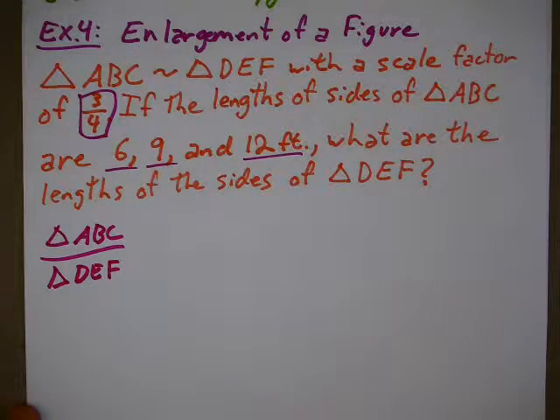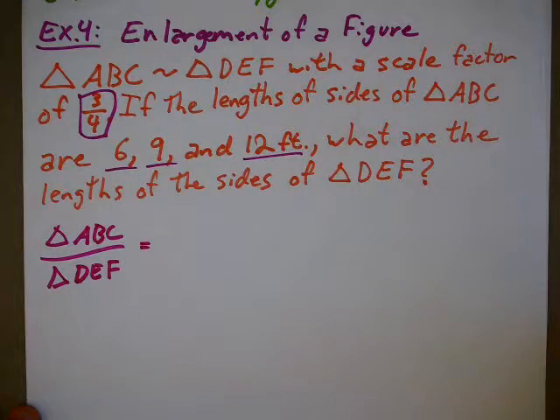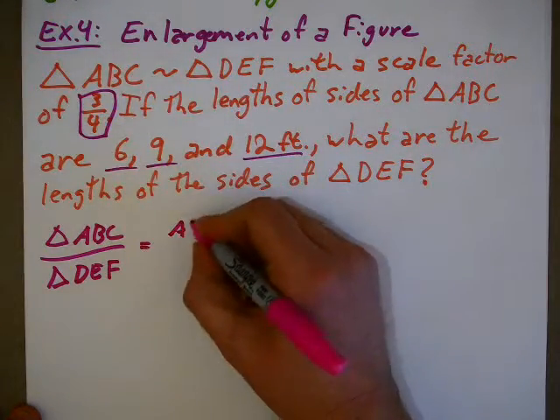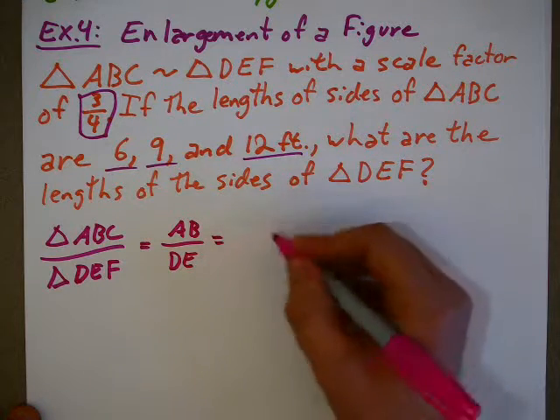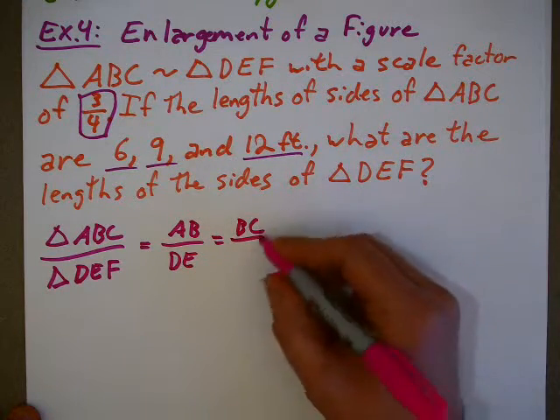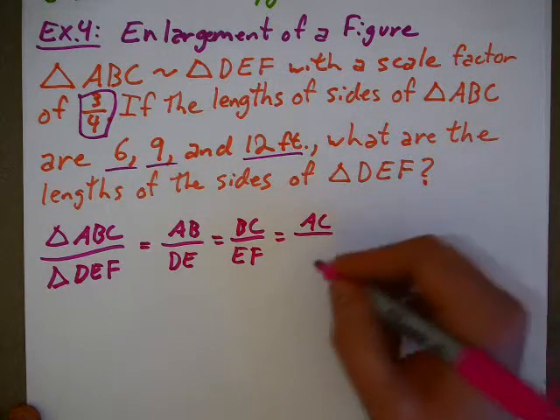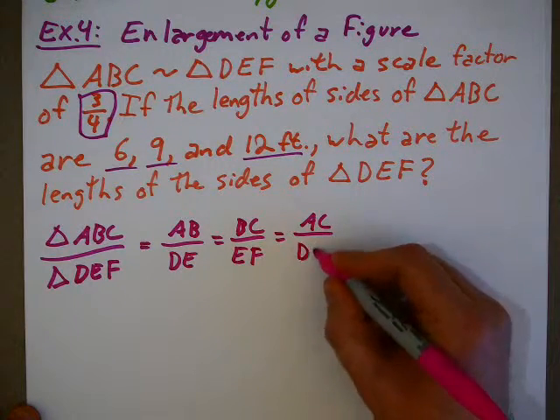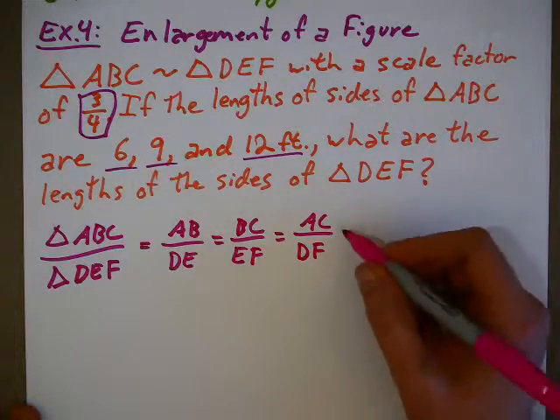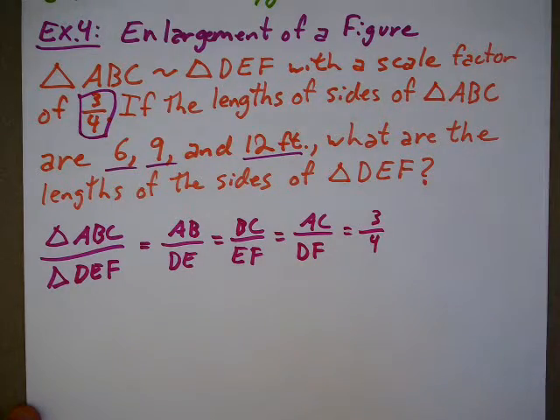And so this proportion is going to be equal to each side, so AB over DE and BC over EF, and then finally AC over DF. And what's going to end up happening is this is all going to equal our scale factor of 3/4.